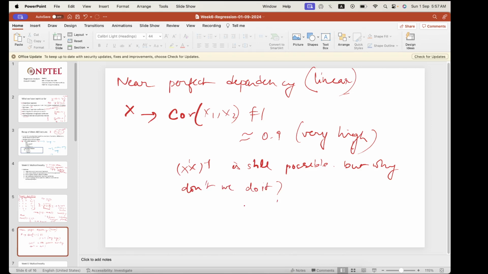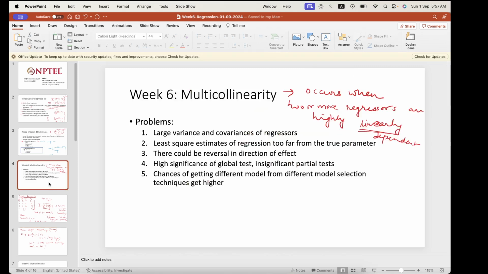This is because if we do go ahead with a normal estimation process, then several other problems could crop up, right? So what are the problems associated with this?